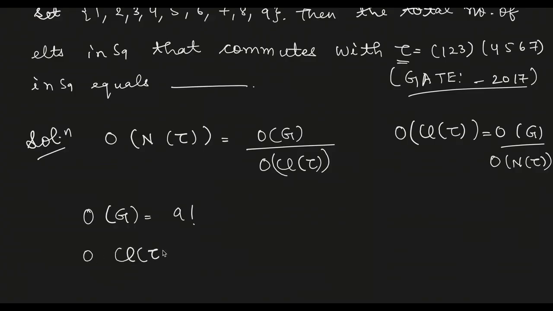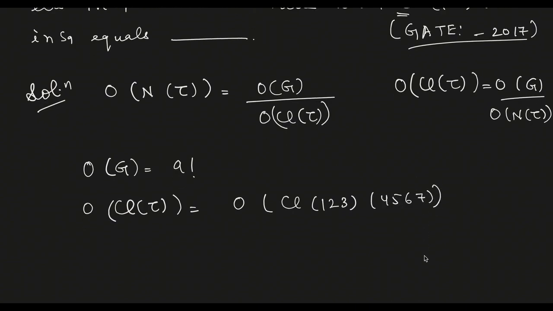Order of class of tau means I need to compute the order of class of (1 2 3 4 5 6 7). So this will be 9 factorial upon, there is one cycle of length 3, so 3 to the power 1, into one cycle of length 4, 4 to the power 1, and I have told you that you need to complete the 9 symbols because S9 is given. So 8 and 9 will be like this: 2 cycles of length 1.